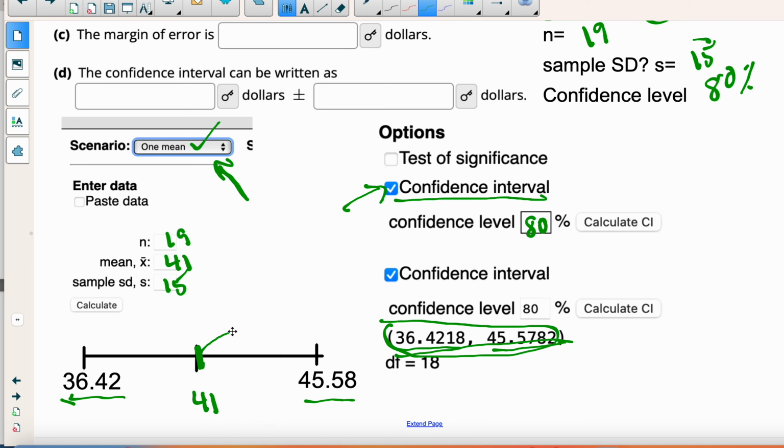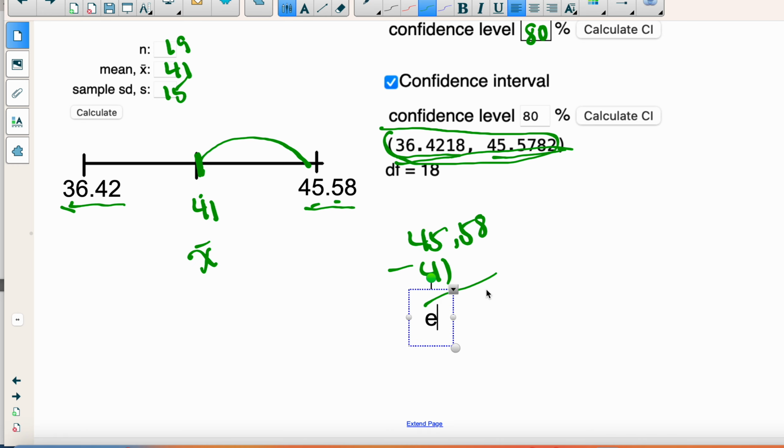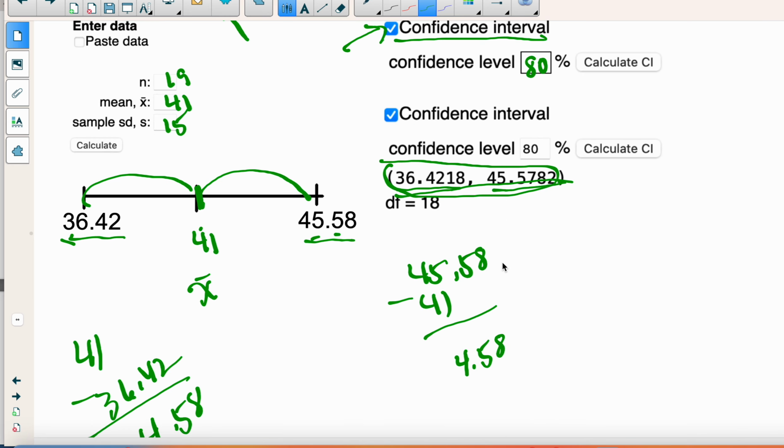My margin of error is just the distance from the center, or my X bar, to this upper end. 45.58 minus 41 is going to give me 4.58. If I did 41 minus 36.42, I'm also going to get 4.58. So this is my margin of error. It's just the distance from the center to the upper end.